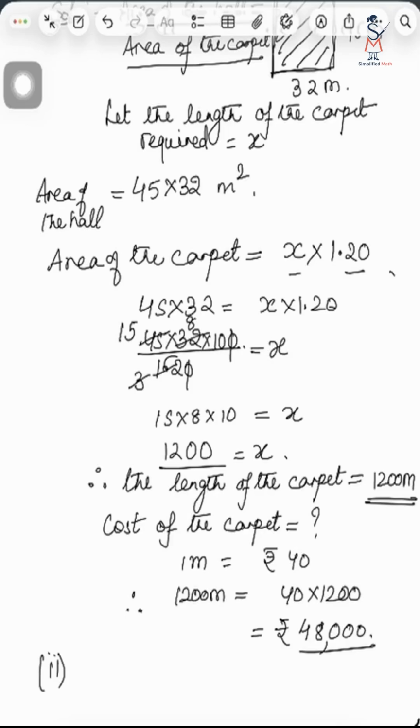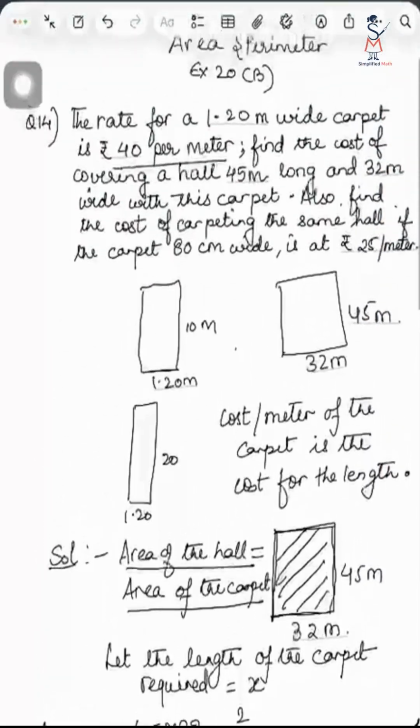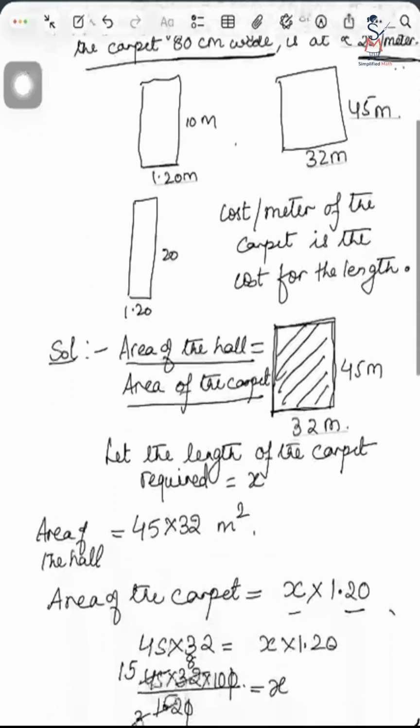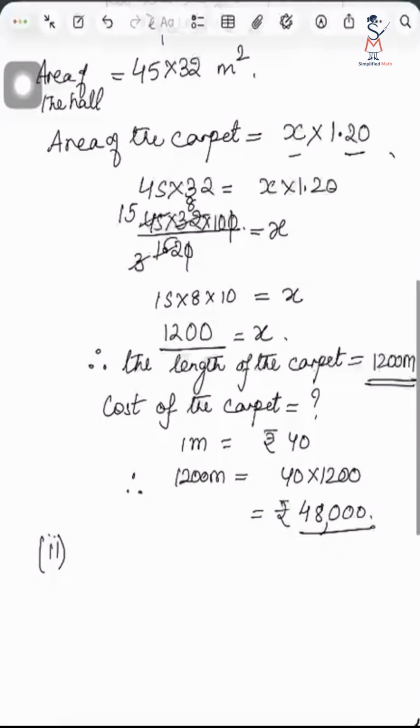Now the second case. What is the second case saying? Also find the cost of carpeting the same hall if the carpet is 80 centimeter wide. Here the width is in centimeter and the money is given as 25 rupees per meter. Again the same concept we will apply here.